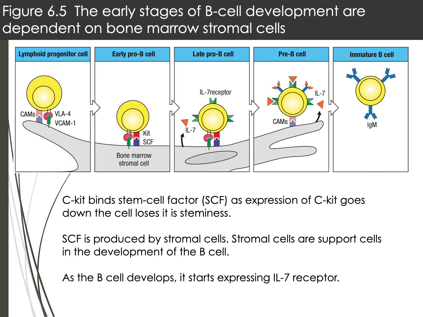That's important because IL-7 gets produced, and that's a big cue for it to differentiate and become that immature B cell. Again, keep in mind that at the pre-B cell stage, that's when it would be expressing its heavy chain. It's actually expressing a surrogate light chain at that point.